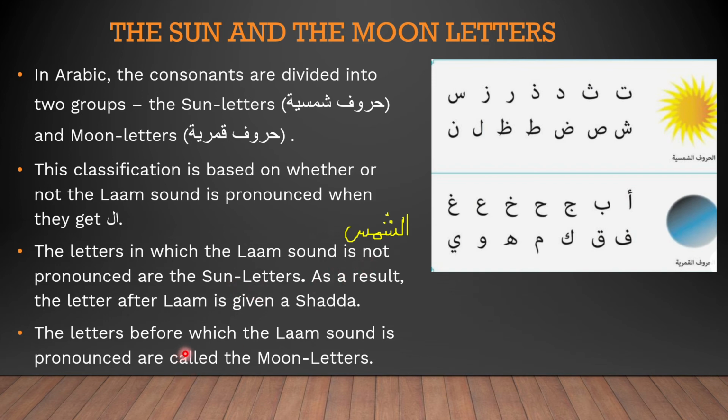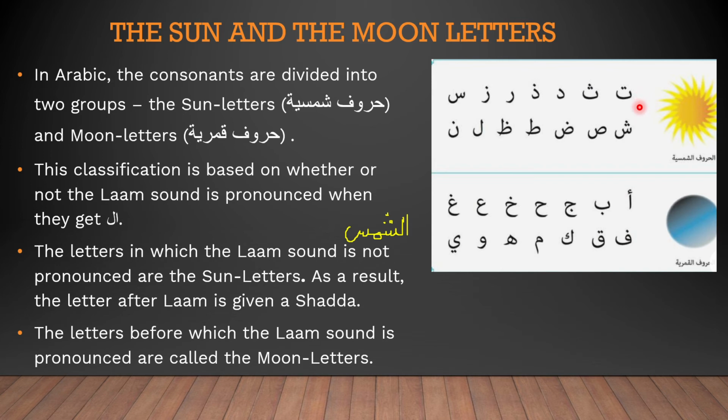But the letters after which the lam sound is pronounced are called moon letters. If there was a moon letter over here, then the lam sound would have been pronounced. So we can see there's a classification of the sun letters and the moon letters.